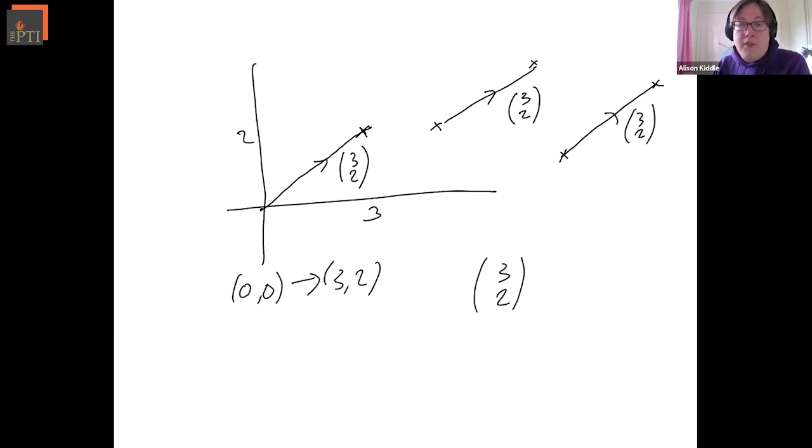And so what I like about vector journeys is that it's a more intuitive way of working with vectors.